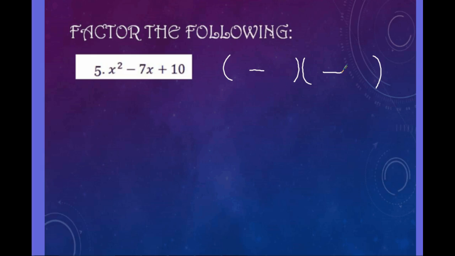The middle bx part tells me which way they go. This is negative and this is positive, therefore they're both negative. So what if they switch those, plus 7 minus 10? It would be opposites, 1 plus 1 minus. If the back number is negative, then the signs are opposite. If the back number is positive, the signs are the same.